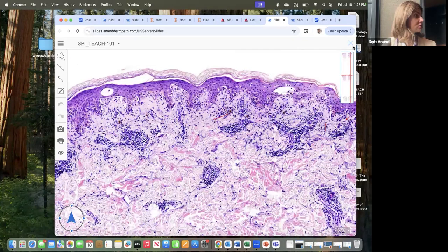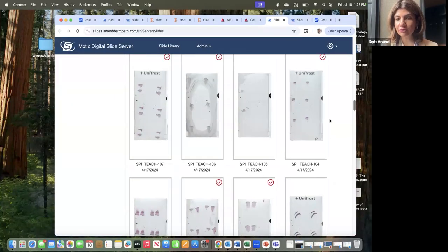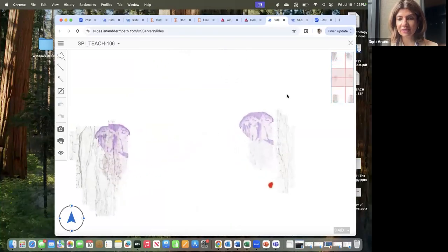Now remember that both EM and fixed drug eruption basically have a phase in which they can produce confluent epidermal necrosis. So let's see if I can find a slide of that.